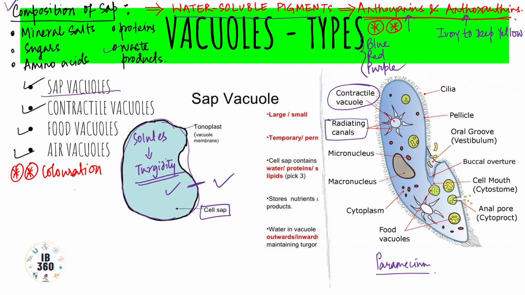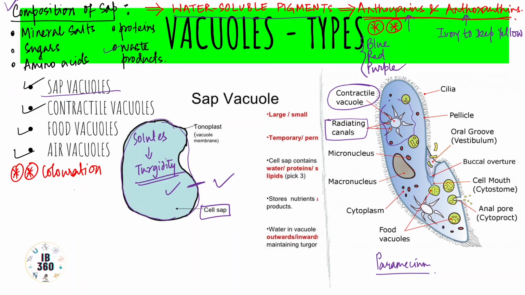What these canals do is transmit water, which might be laden with waste products, from the cytoplasm towards the contractile vacuole. So these are feeding canals, we say. The feeding canals obtain water with or without waste products from the surrounding cytoplasm, and they pour them into the contractile vacuole.